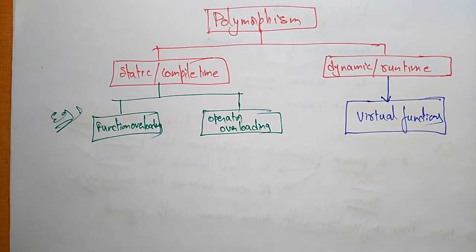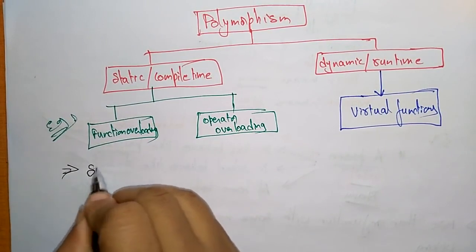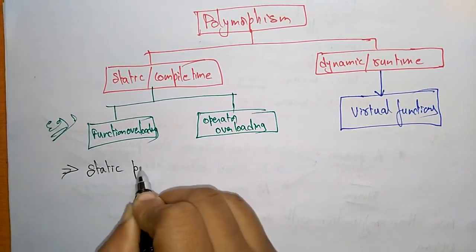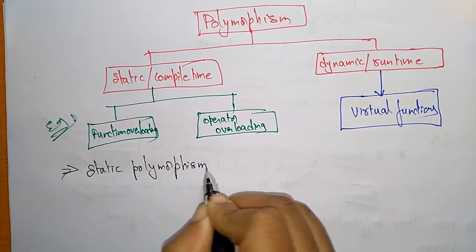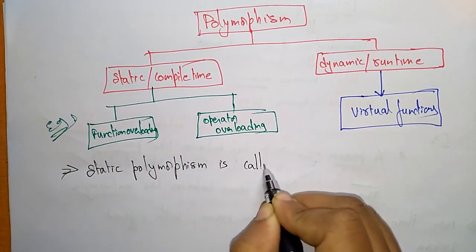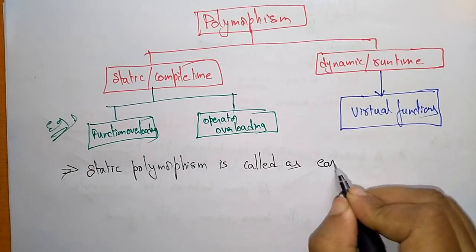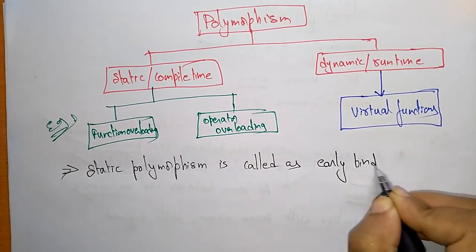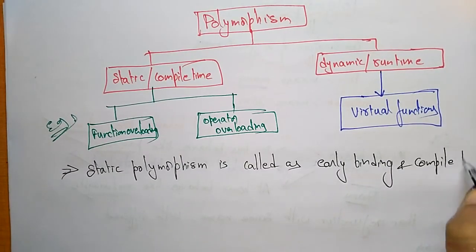Actually, static polymorphism is also called early binding and compile time polymorphism.